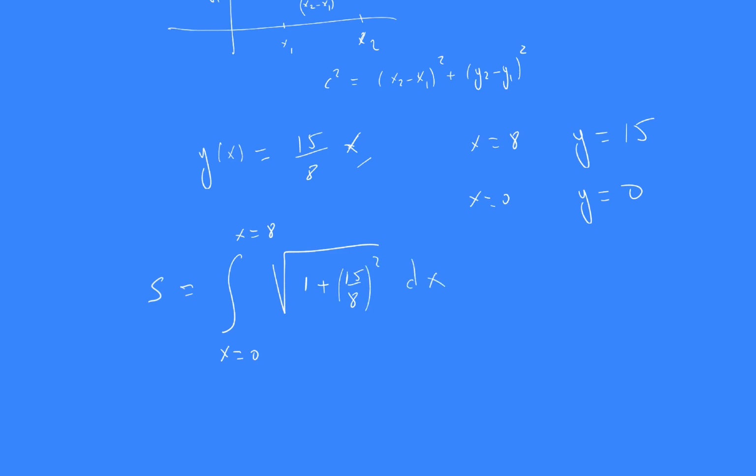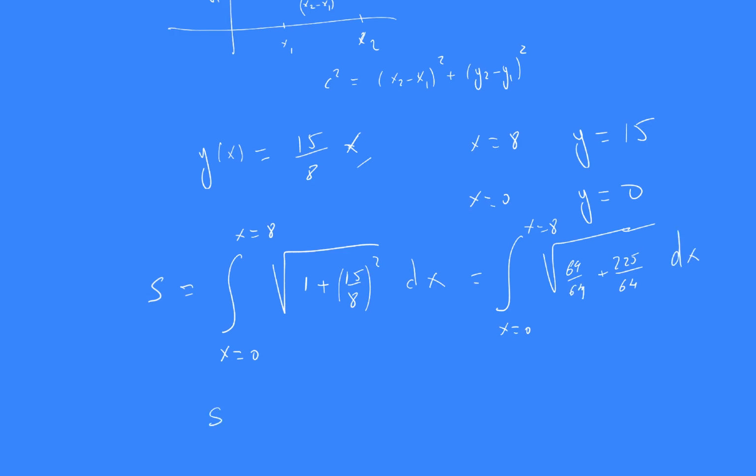If you do this integral, you should find 17. Well, let's do it. It will be the integral from x equals 0 to x equals 8 of the square root of 15 squared, which is 225, divided by 8 squared, 64, plus 1, and 1 is 64 divided by 64, dx.